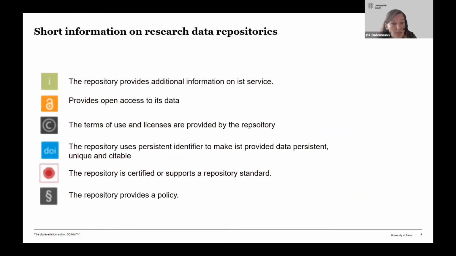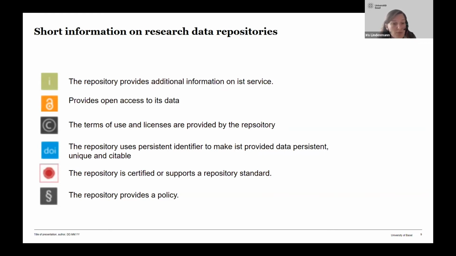If it is this orange one, then the repository provides open access to its data. If you have this copyright icon, the terms of use and the licenses provided by the repository are defined.